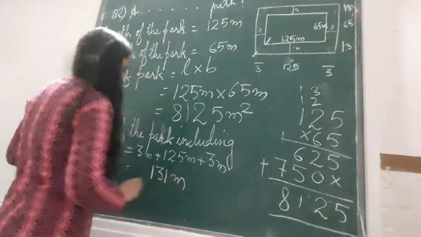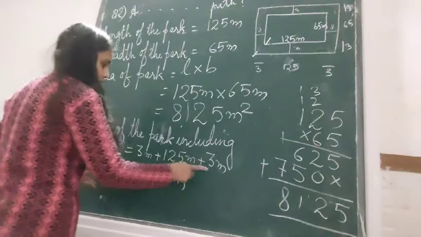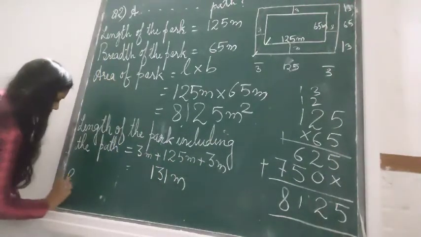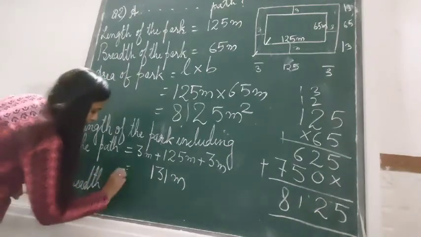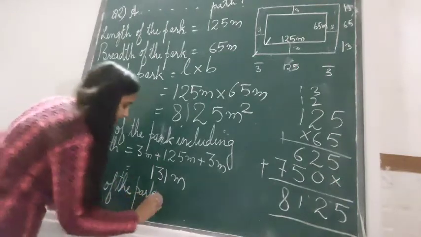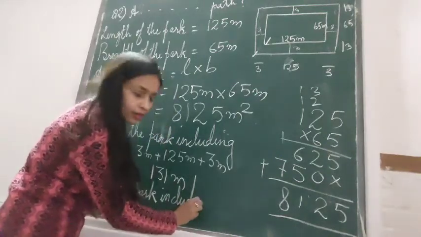So it is 131 meters. Once again I'll check, children. Yes. Then breadth of the park. Is it visible?